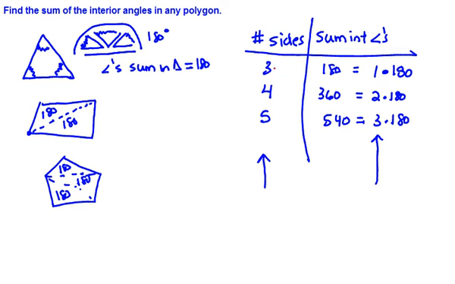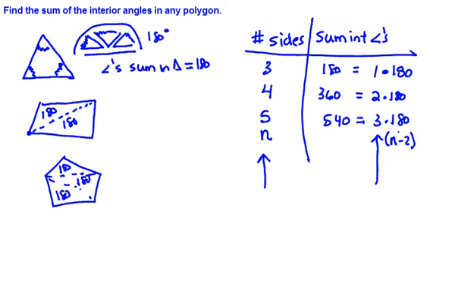So in each case, this number is always 2 less than the number of sides. So we're going to try n. If I have n sides, I would have n minus 2 for the number of triangles, because the number of triangles is always 2 less than the number of sides.